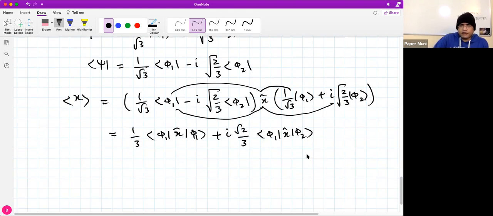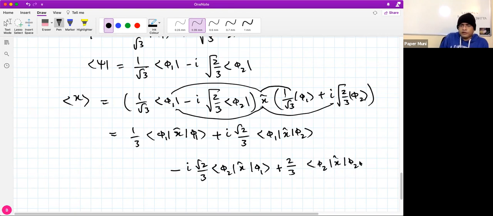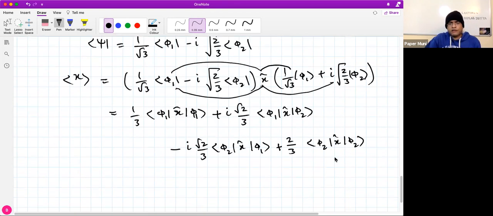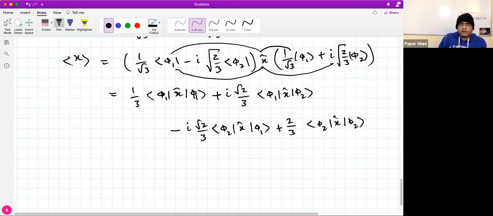And similarly we have the next term, which is minus root 2 by 3 phi 2 x phi 1. Now this will be minus and the iota square, so the plus, this becomes 2 by 3 phi 2 x phi 2.